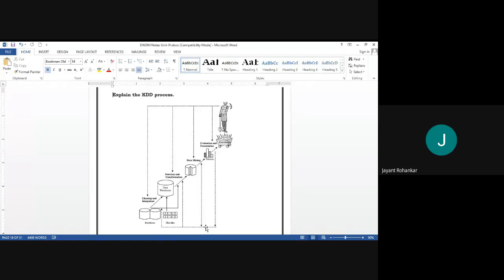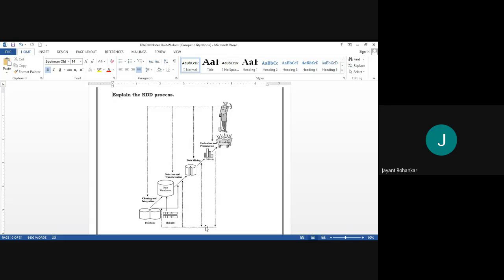So we design the data warehouse, then selection and transformation is done on that data, and it is transferred to data mining, where we apply the tools given by data mining. Then only you will get the knowledge.